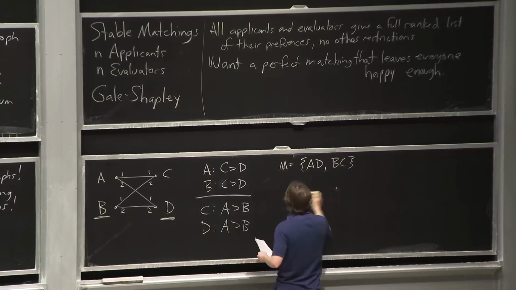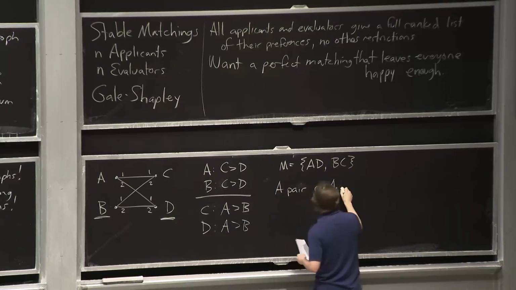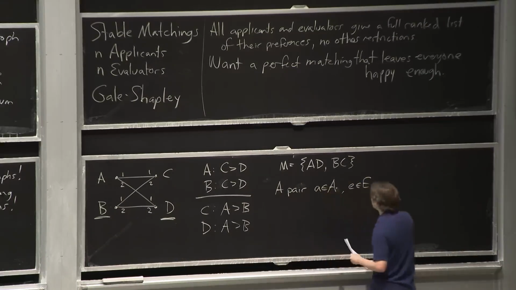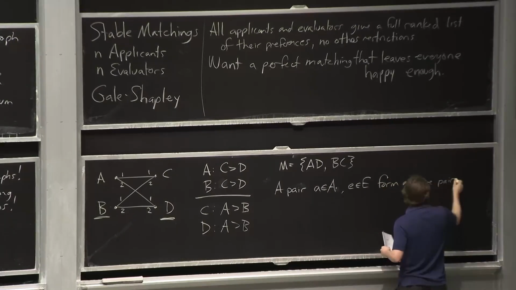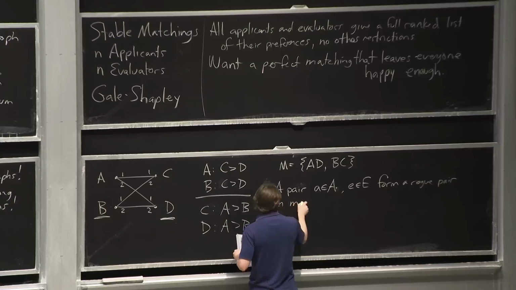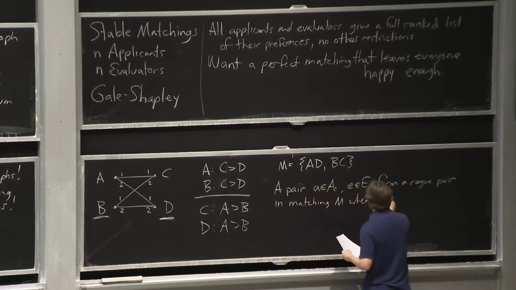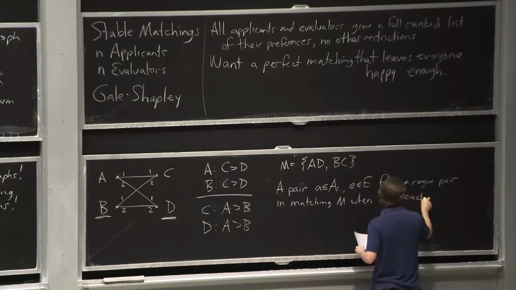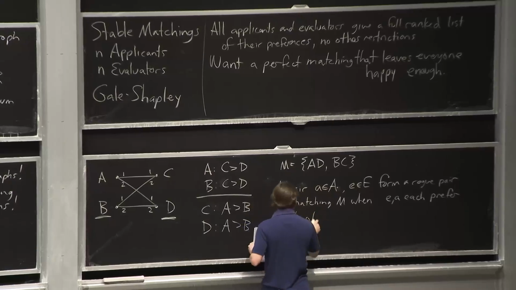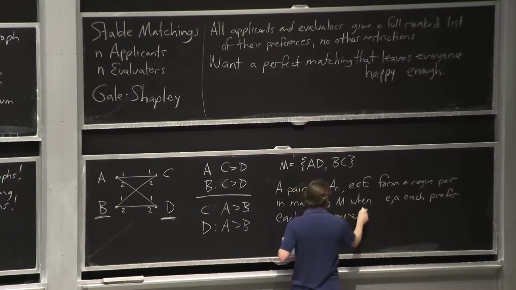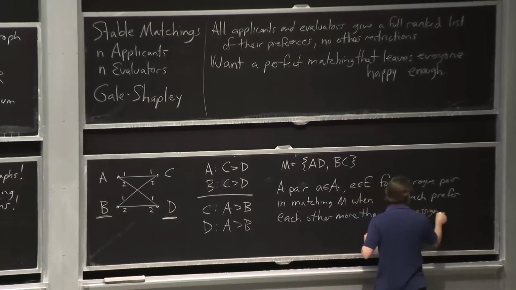So we're going to say a pair, so an applicant and an evaluator form a rogue pair in a matching M when E and A each prefer each other more than their assigned partner.